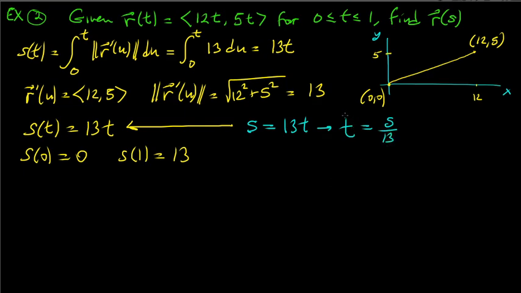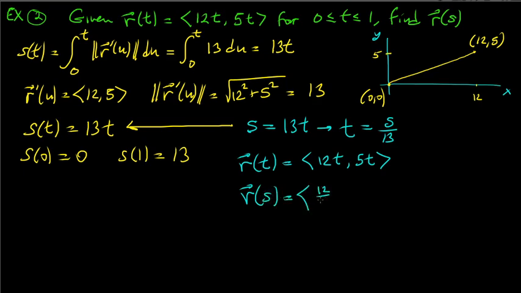And now we can rewrite the function r of t, which was 12 times t for the first component, 5 times t for the second component, and just replace t with the expression s over 13. So if I do that, I get r of s. It's going to be 12 over 13 times s for the first component, and 5 over 13 times s for the second component.